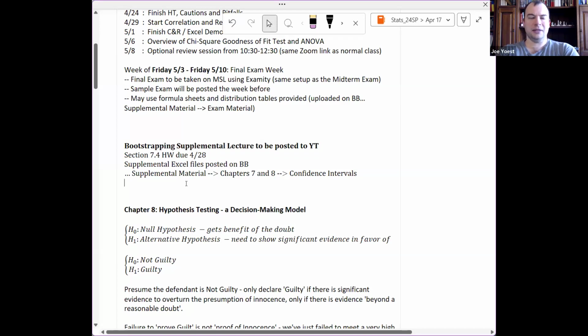And the other one is an Excel file that's set up pretty nicely for you to use on the MyStatLab problems. You can find that in the supplemental material folder under chapter 7 and 8, and then under the confidence intervals subfolder. I think it's the first 2 files there. It should be pretty clearly labeled which ones are for bootstrapping.